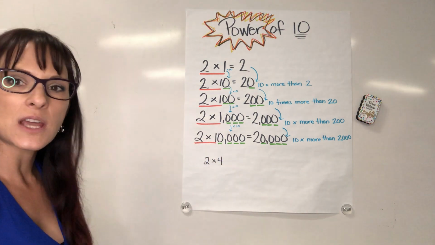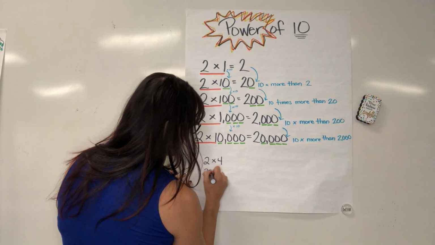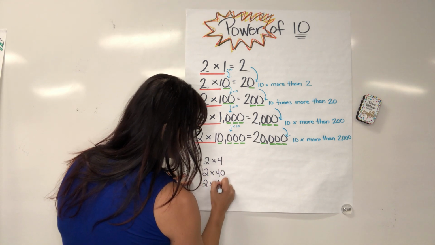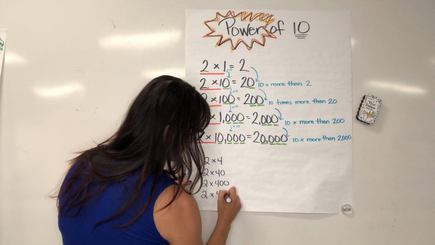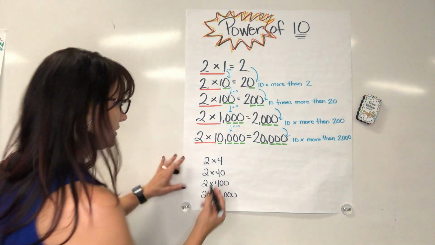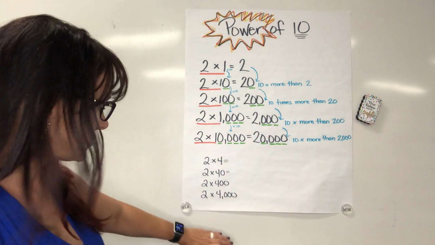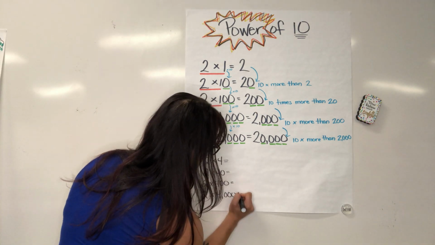So we're gonna do 2 times 4, 2 times 40, 2 times 400, and 2 times 4,000. For the sake of space, I'm just gonna stop here. If you want to, on your paper for bonus points, do 2 times 40,000, you go for it.